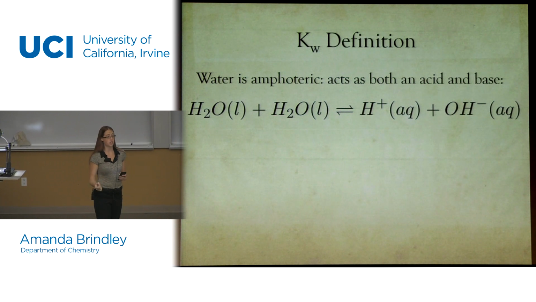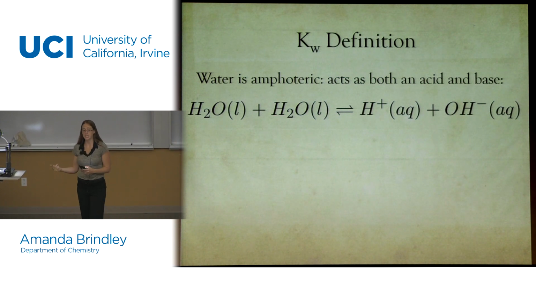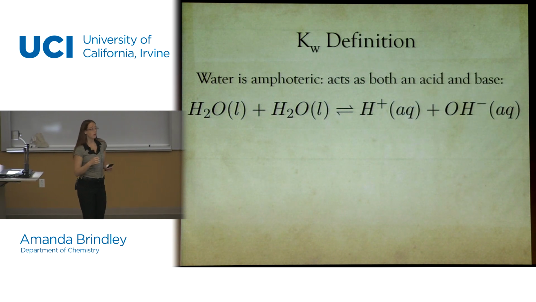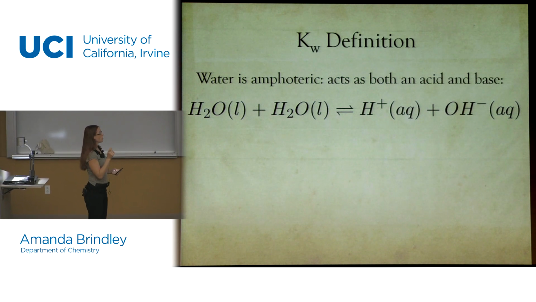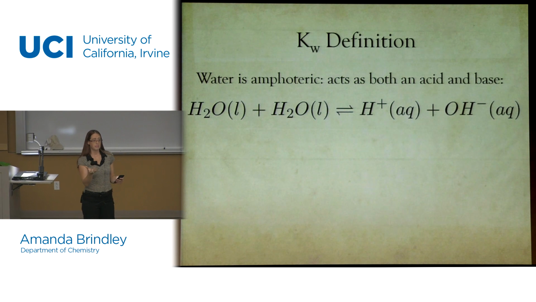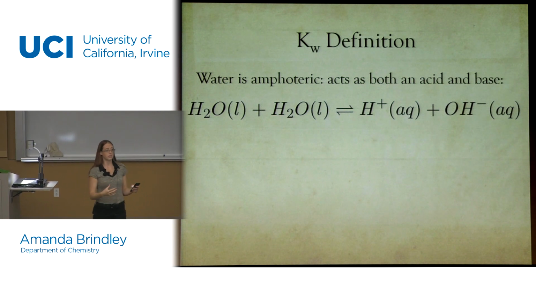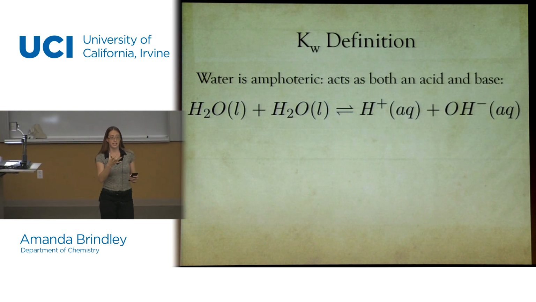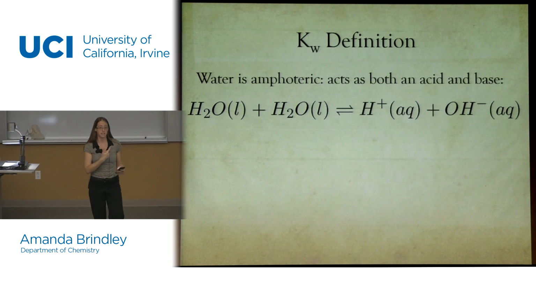Other things can do this too. Especially when we get into the polyprotic acids, we'll see this. Now, you can also just think of it as auto-ionizing. So take that word, auto, automatically, things of that sort. Ionize, it's splitting into H plus and OH minus.